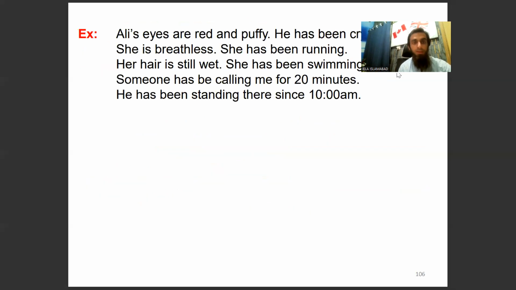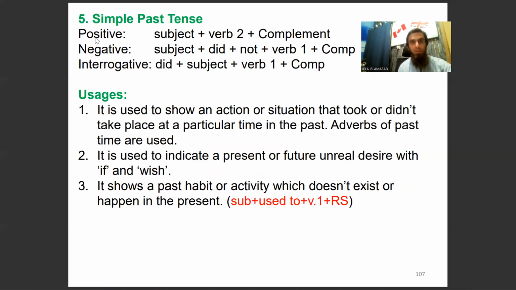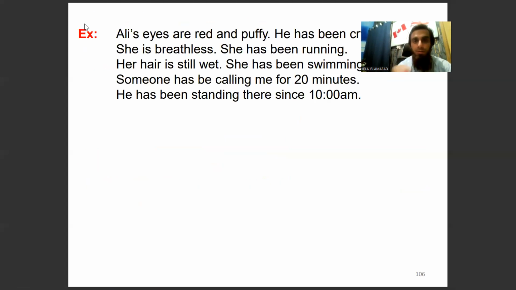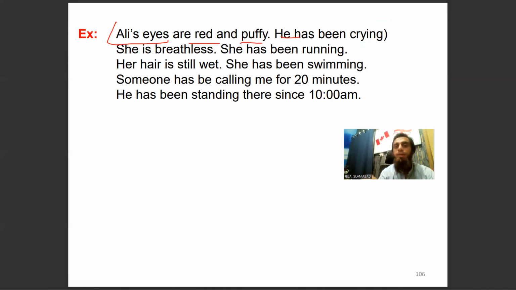So let's see also the examples of it. Then we will be done with the kinds of present tense. Now, present perfect continuous tense. First example: Ali's eyes are red and puffy, and he has been crying, right? He has been crying.